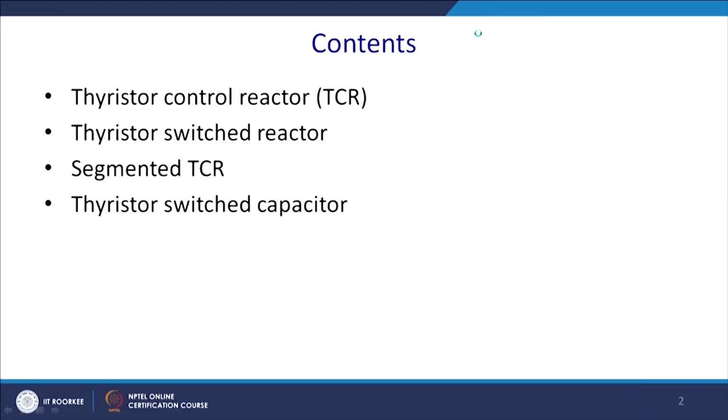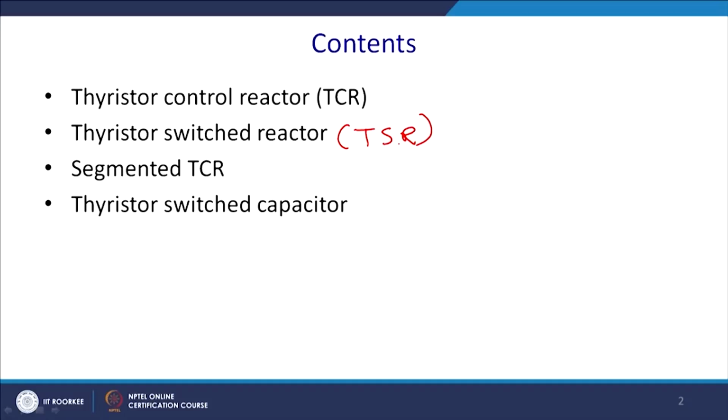So, today we shall discuss three types of thyristor-based shunt compensator. These are namely TCR, that is thyristor controlled reactor. Another is thyristor switched reactor, or we can abbreviate it as TSR.